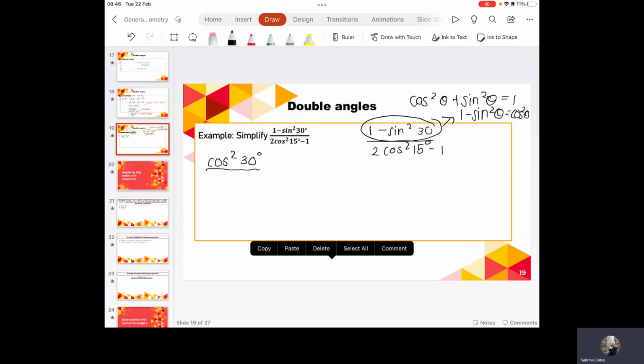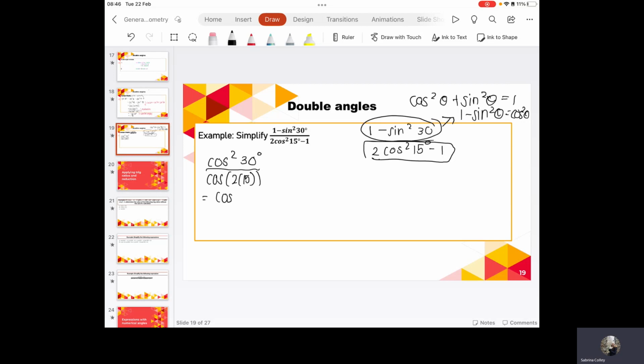But this one, the 2 cos squared 15 minus 1, follows that double angle. It looks like that double angle, so I know this is going to be cos 2 times 15. This makes it easier for us because we've got cos squared 30 over cos 30.